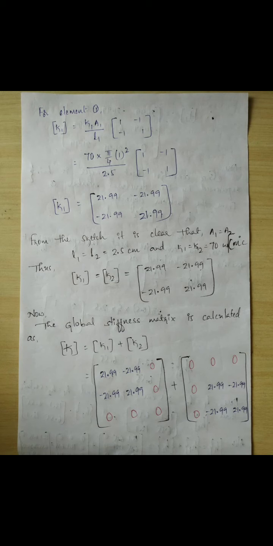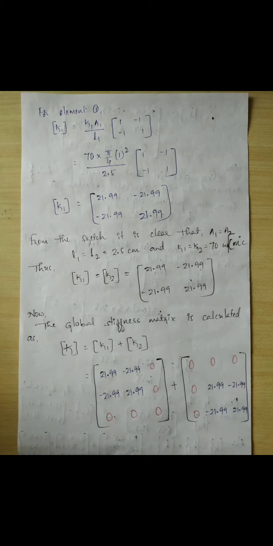Students, to minimize your writing within the examination, this particular logical statement will be helping you a lot. That is, from the problem definition, it is very much clear that L1 is equal to L2, which is obtained as small l by 2, which is equal to 5 by 2, 2.5 centimeter.